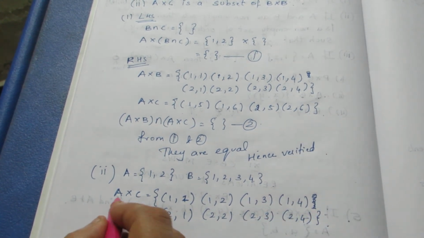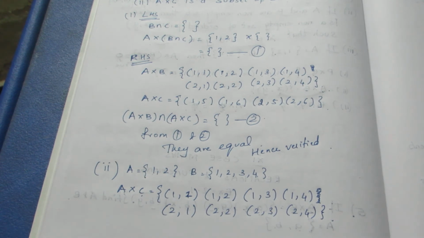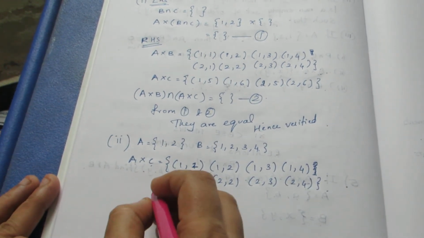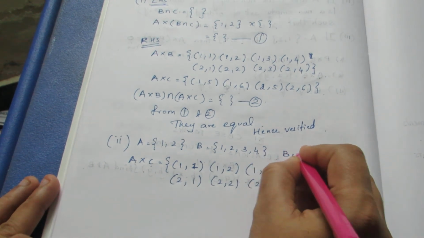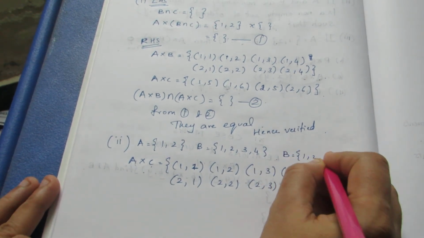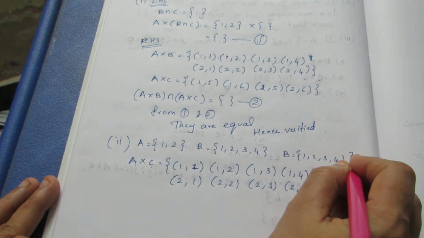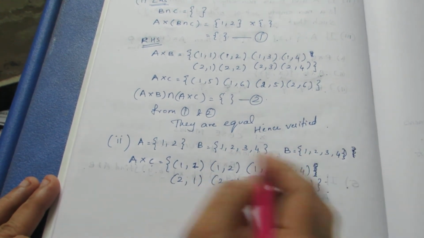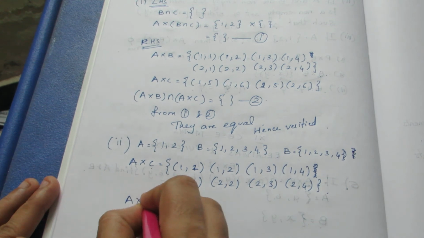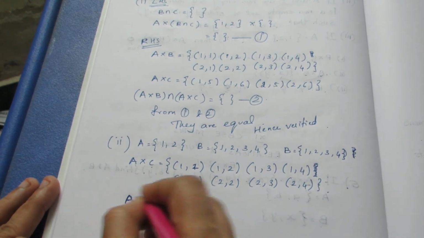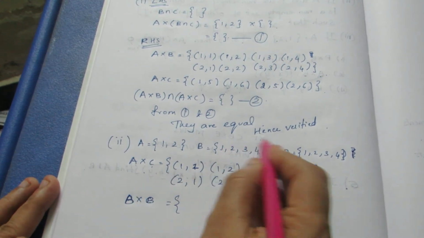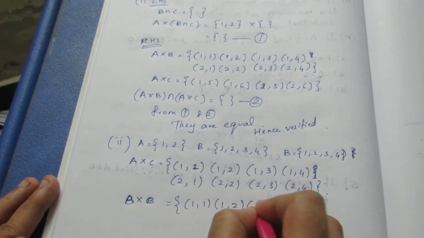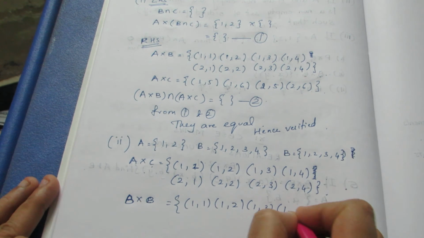So I have done A cross C. I need to do B cross B. For B cross B, I am writing the set again, {1, 2, 3, 4}, so that it will be easy for you to see and understand. (1,1), (1,2), (1,3), (1,4).